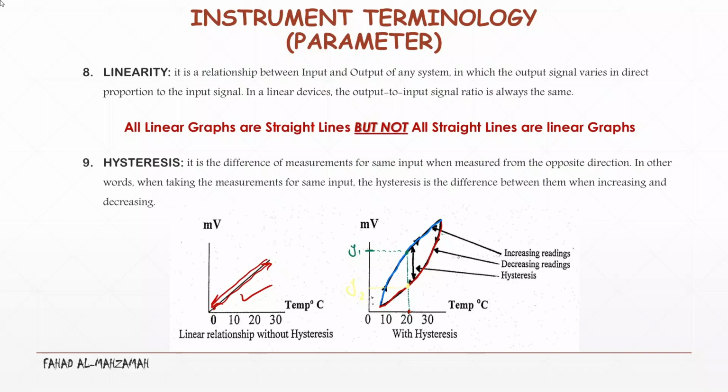Sorry, let me find another color. It is y2. This is called hysteresis. The difference between these two values is called hysteresis. So low hysteresis is better. High hysteresis is not preferred and is not good for the device in the measurements. If you have high hysteresis, it means the device has some weaknesses in the measurements.